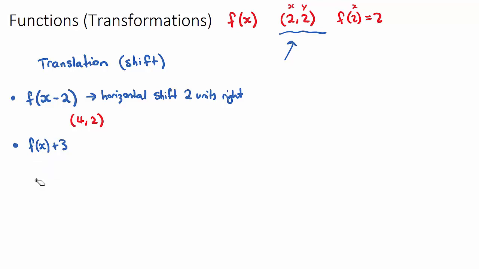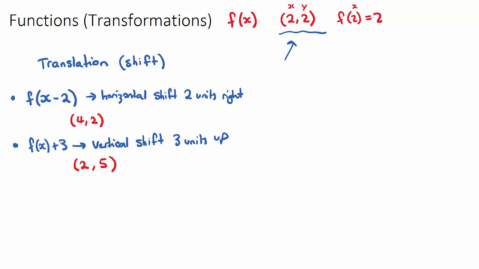So this is a vertical shift, or we could say a vertical translation, 3 units up, or 3 units in the positive y direction. Back at our original point, the x wouldn't have changed because we didn't change the x in the function here, but the y will have 3 added to it, so now it will be at 5, because our original y was 2.